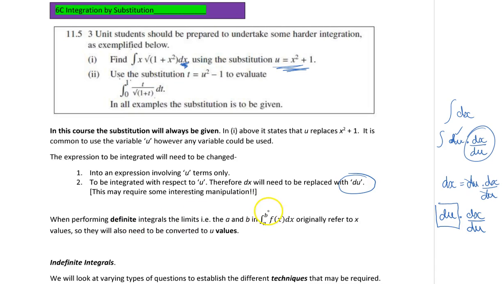With the definite integrals, when it's written like this, a and b here refer to the x limits. And when we're integrating some function with respect to u, these two have to be u values. So they'll no longer be a and b, but we will work out what u is worth when x is a, and that will go here.